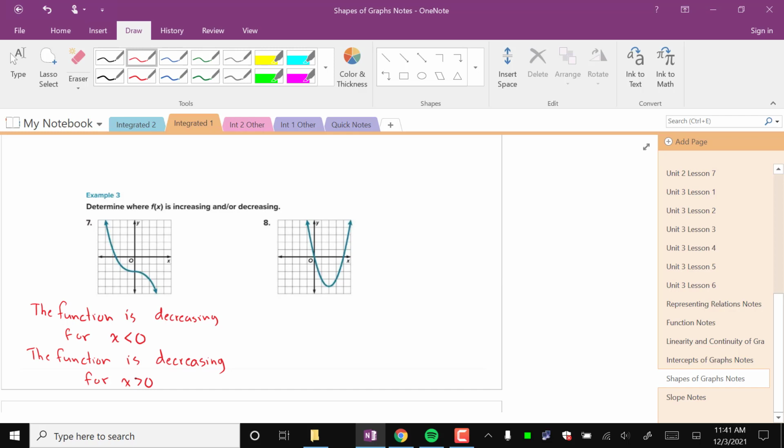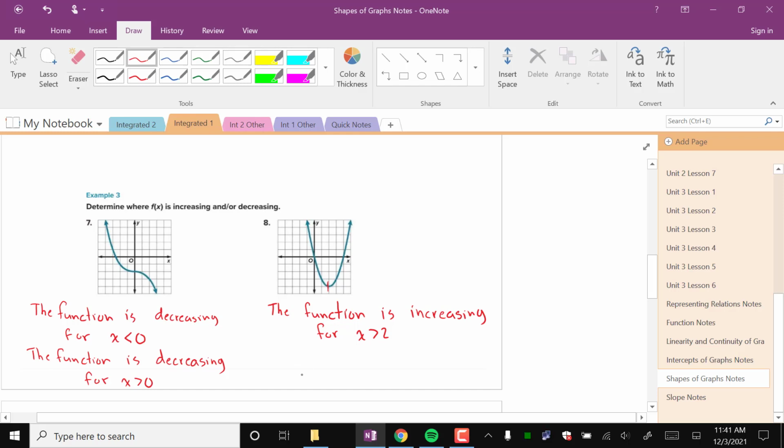Let's take a look at number 8. So number 8, we got a weird thing that's happening. With number 8, the function is decreasing, then it bottoms out, and then it starts increasing. So where it shifts is right here. So we're going to use that to determine where it's increasing and decreasing. And that point right there is at x equals 2. So the function is increasing, again, it's going up over here, for values greater than 2.